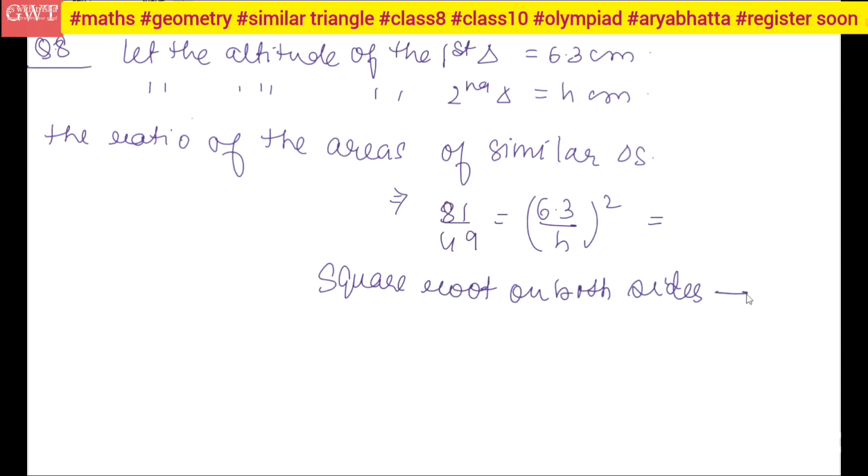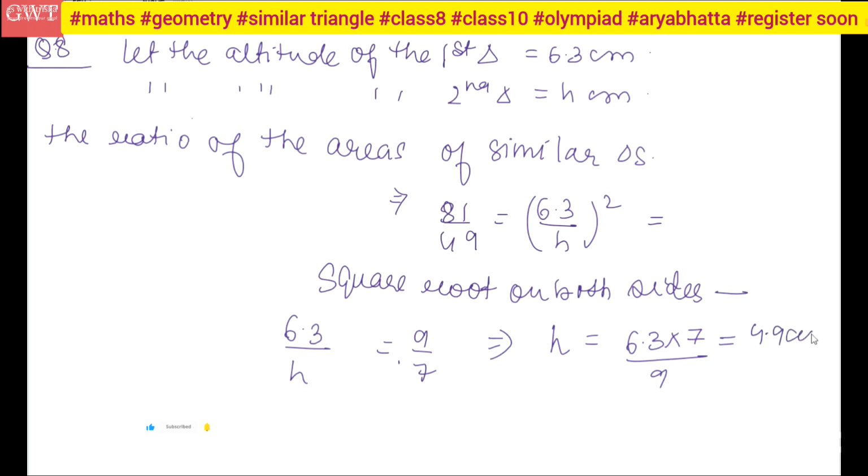On one side I will get 6.3 by h, and on the other side I will get 81 upon 49, that means 9 upon 7. So this implies that h is equal to 6.3 into 7 by 9, or I can say 4.9 centimeter. How much? 0.7 times 7, so it will be 4.9 centimeter.